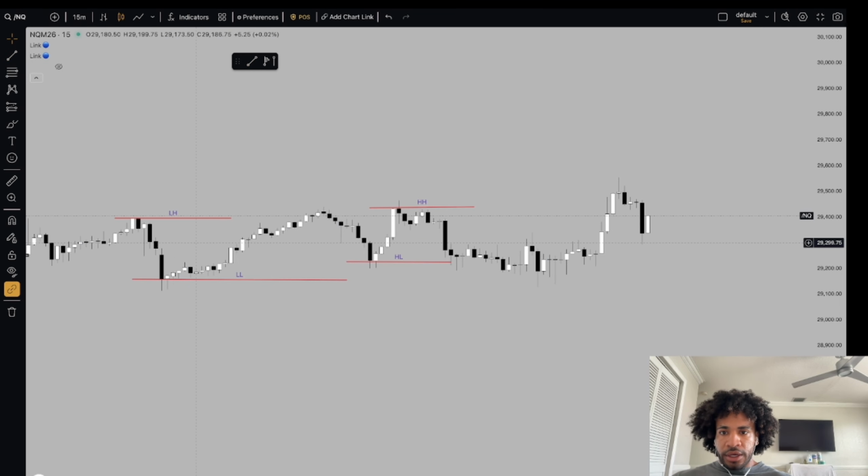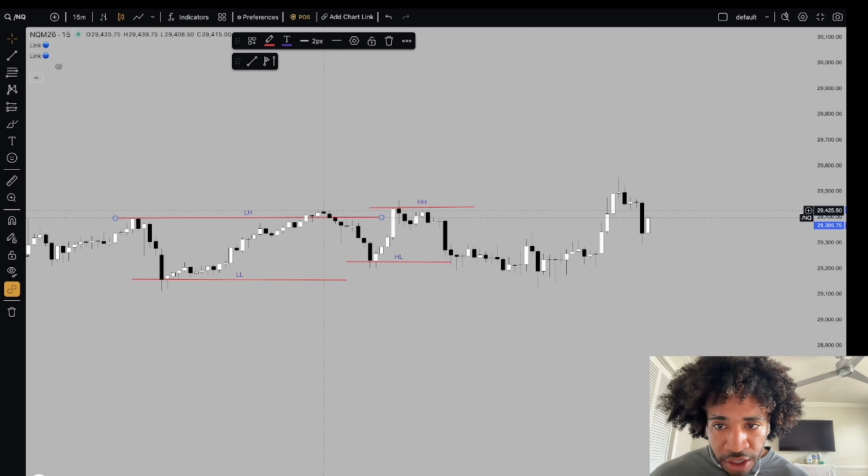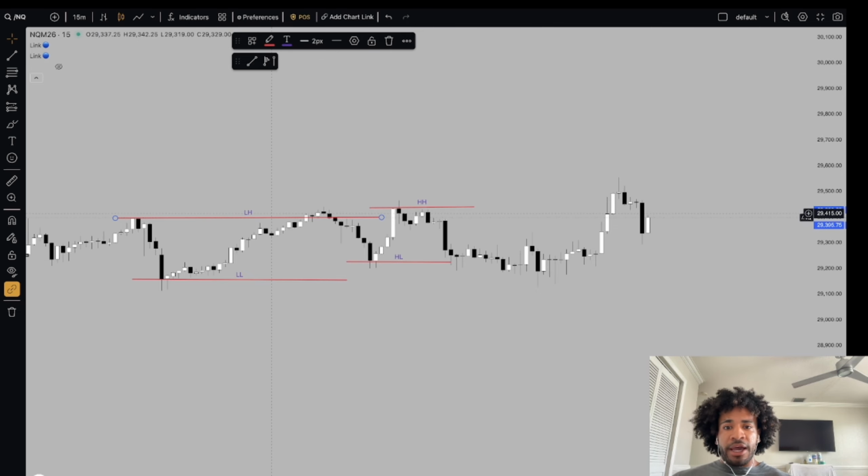As you can see, we had a candle closure above here. This was our first candle closure above, flipping our bias back to what? Bullish.